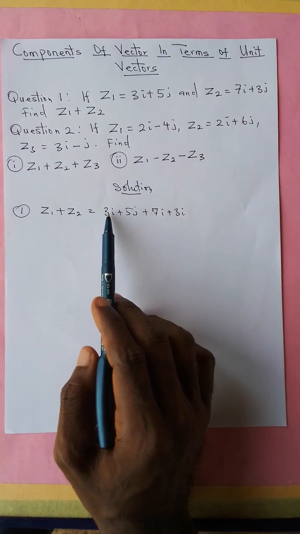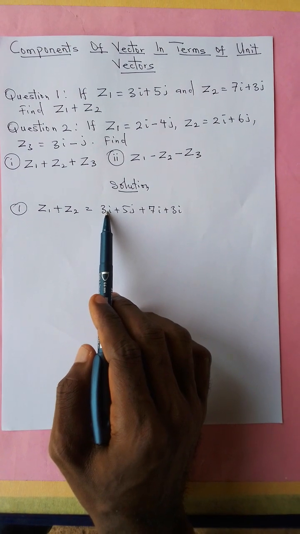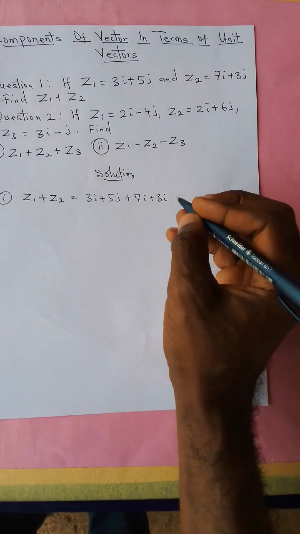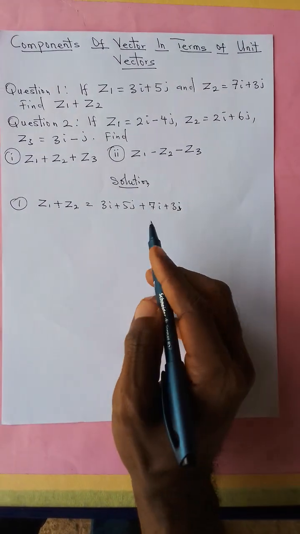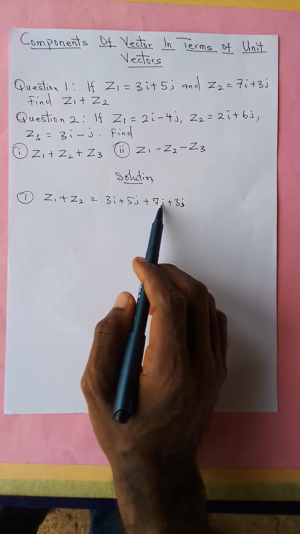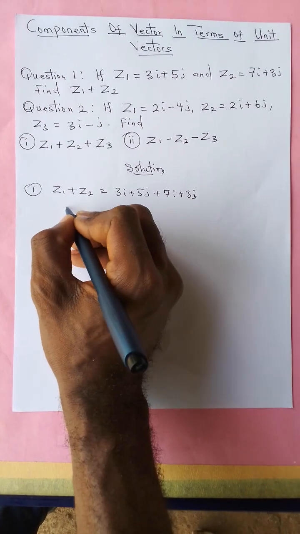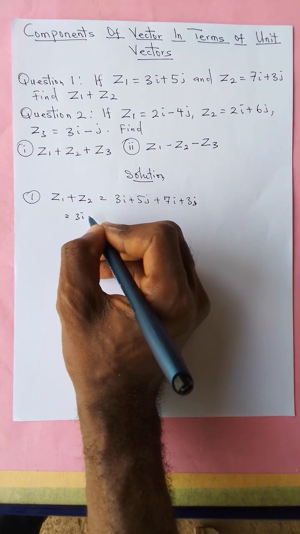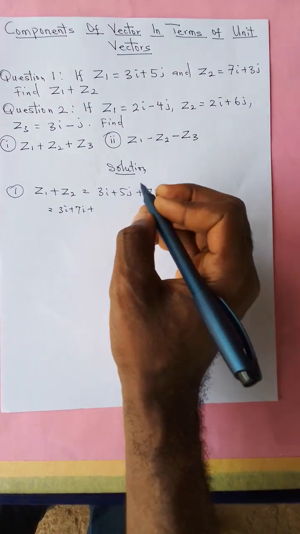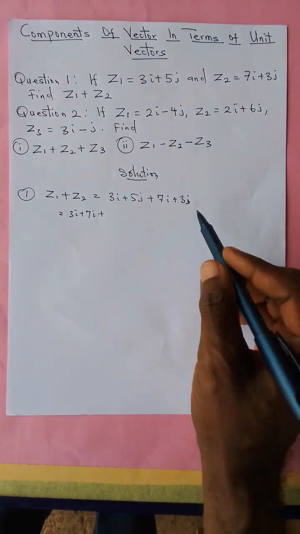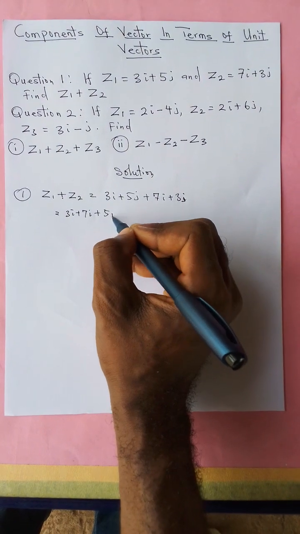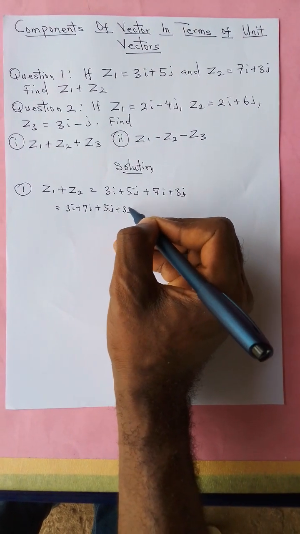Now unit vector i goes with unit vector i here. Okay, sorry, this is j. So unit vector i is going to add up with this unit vector i here. So we are going to have 3i plus 7i. Then we add the unit vector j here as 5j plus 3j.